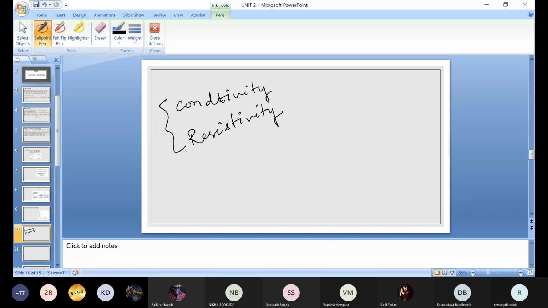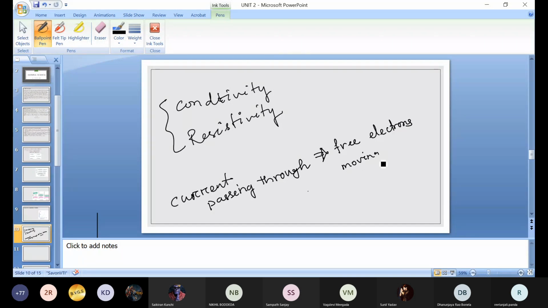When I say current is passing through any material, this is directly representing that free electrons are moving inside the material so that the current will pass through it.